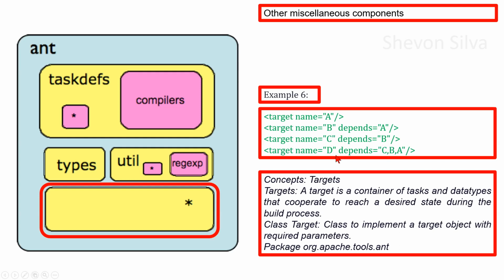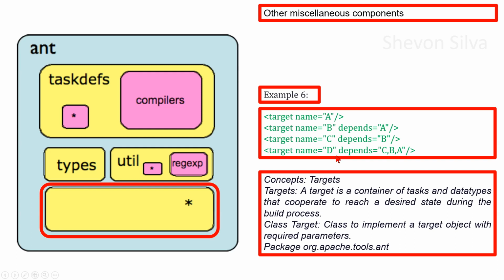In a chain of dependencies stretching back from a given target such as D above, each target gets executed only once, even when more than one target depends on it.